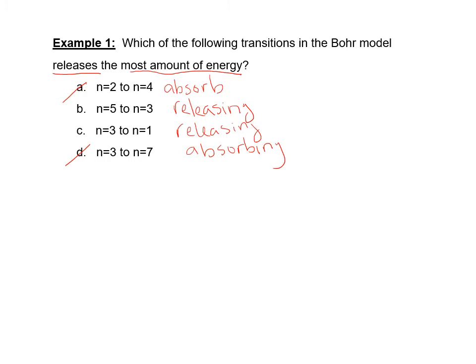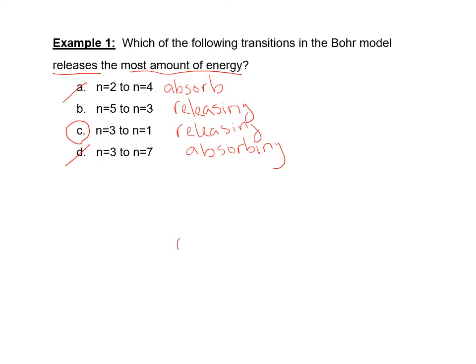Notice that both B and C are falling 2 orbits. But what you have to remember is that the farther you get from the nucleus, the closer the orbits come together. So the correct answer would be C, because the difference between 3 and 1 is greater than 5 and 3.